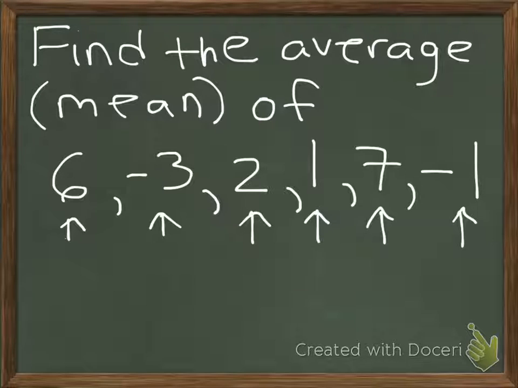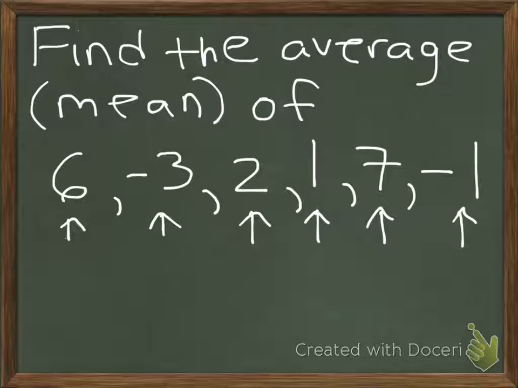So we need to add 6 plus negative 3. And whenever you're adding integers, meaning you have positives and negatives in there, you need to take the numbers 2 at a time and apply the rules to each set. So 6 plus negative 3, when I'm adding a negative and a positive, I subtract and I take the higher number sign.